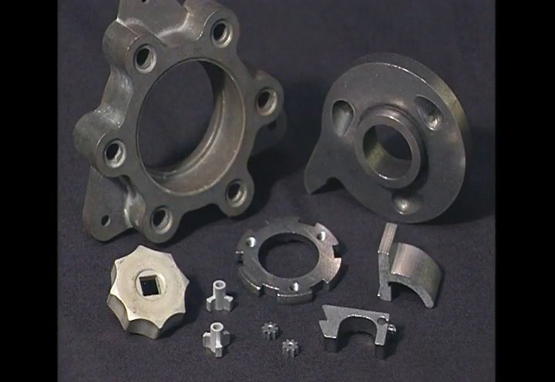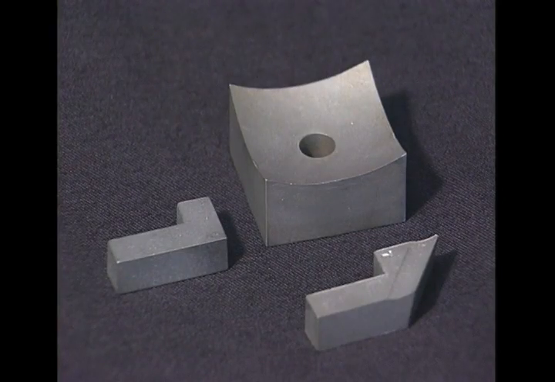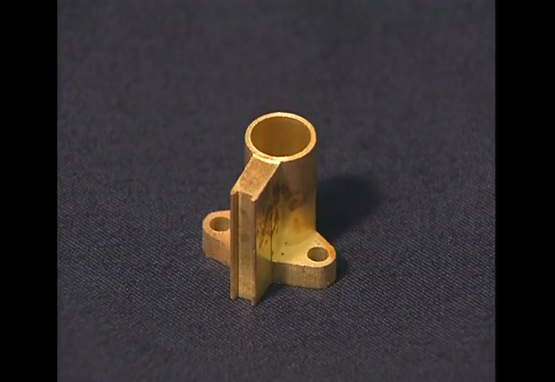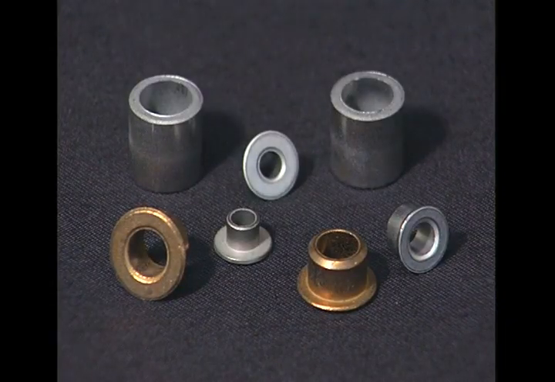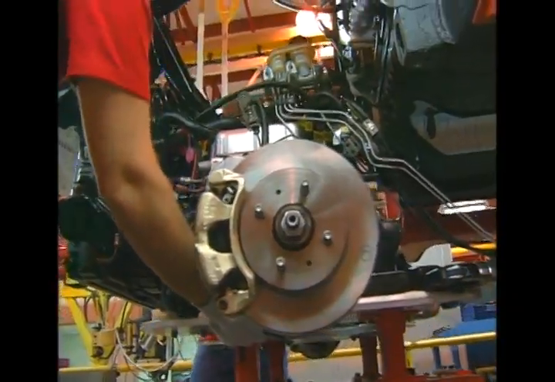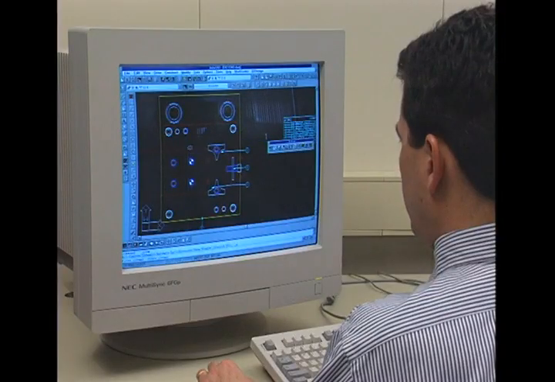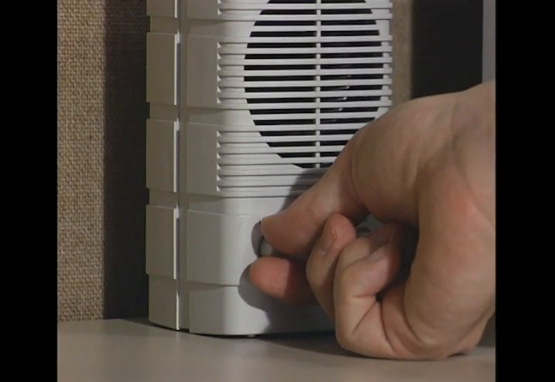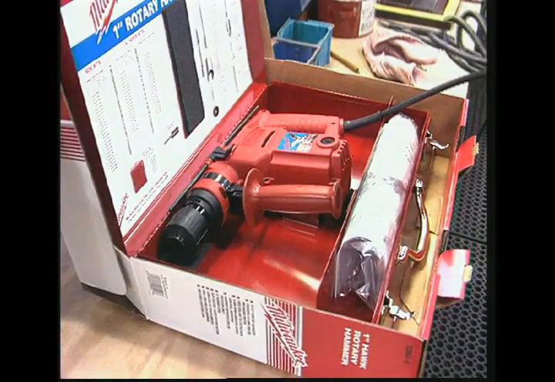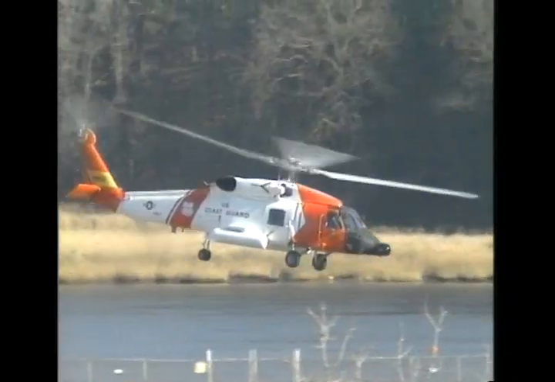It is widely used to make a great variety of parts, such as gears, cams, casings, bushings, and fasteners. These parts are then used in automobiles, appliances, computers, electrical and magnetic devices, cameras, power tools, aircraft components, and much more.